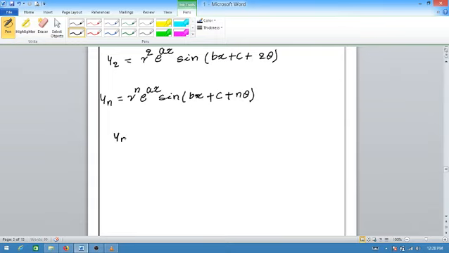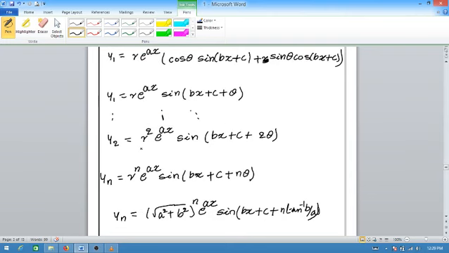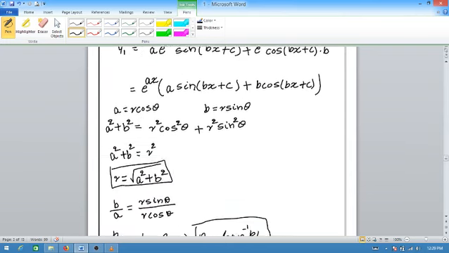You will get yn is equal to root of a square plus b square raised to n, e to the power of ax, sin(bx plus c plus n into tan inverse b by a). Okay, so this is the nth order derivative for e to the power of ax into sin bx.